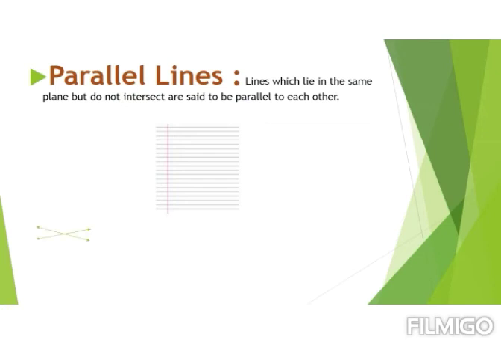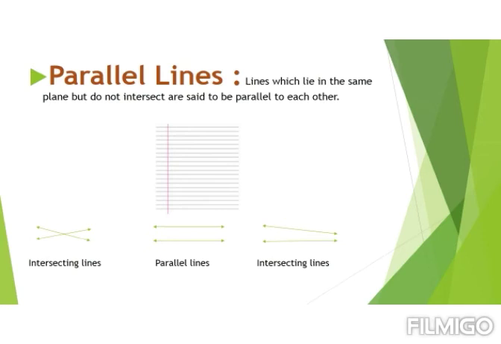We will see some examples. The first set of lines is intersecting lines. It is clearly indicating that they are intersecting each other. The second set of lines is parallel lines. Why? These lines have an arrowhead. This can be extended at any point. Yes. But even if we extend those lines, those are going to pass in a straight line.